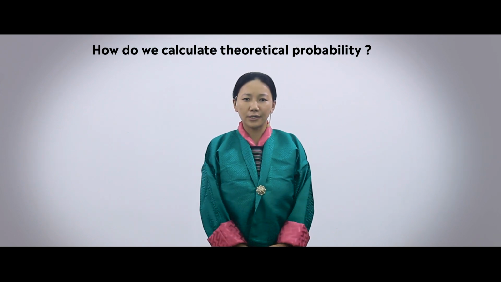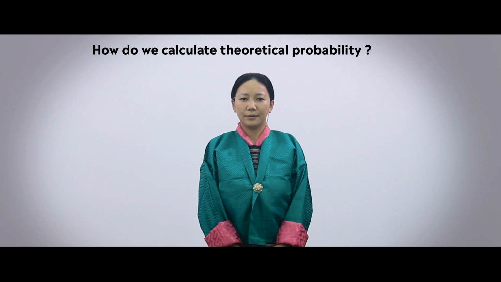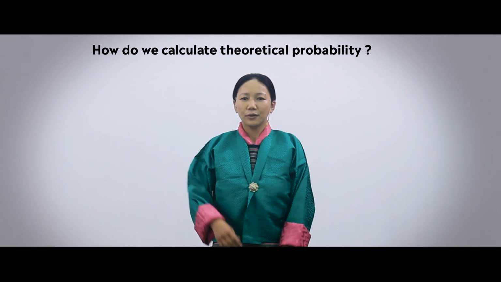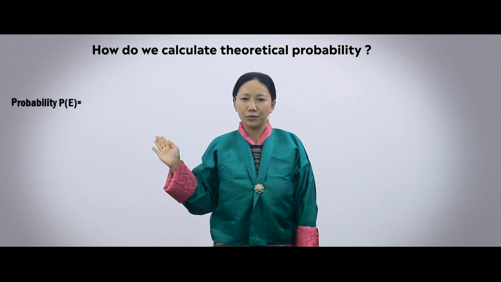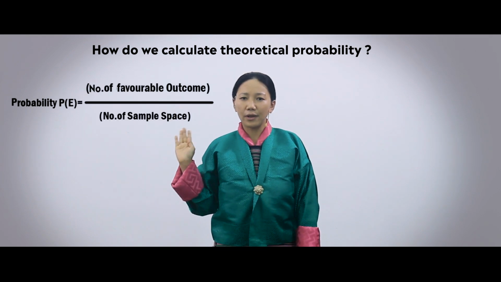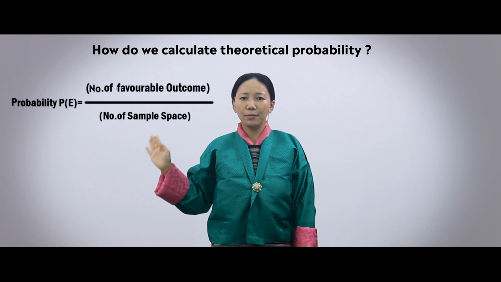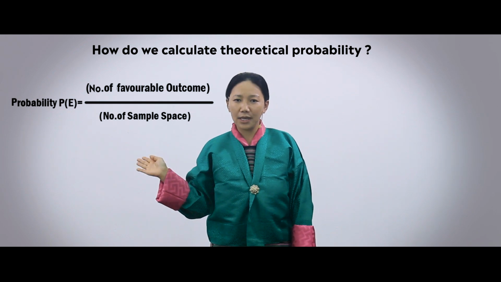Now my next question is, how do we calculate theoretical probability? So probability of any event is equals to number of favorable outcome by number of sample space.